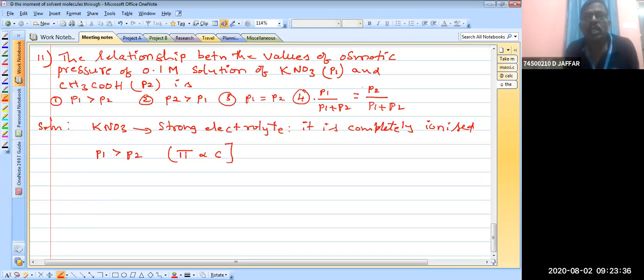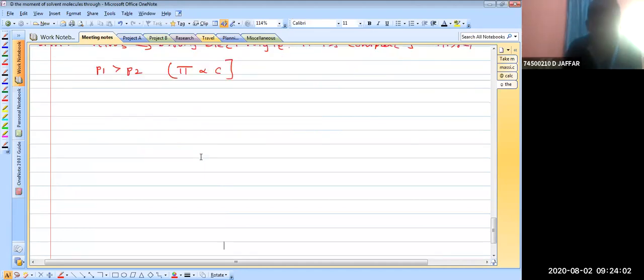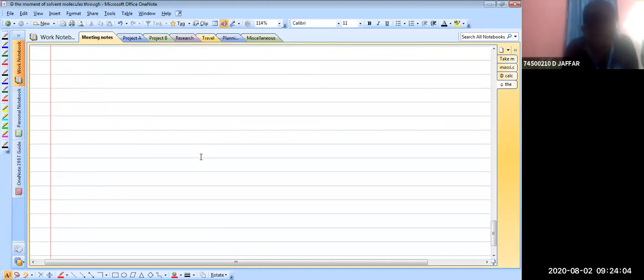That's why 0.1 m KNO3 solution concentration is more than 0.1 m acetic acid, so the osmotic pressure of potassium nitrate is greater than that of acetic acid, right? Next question.